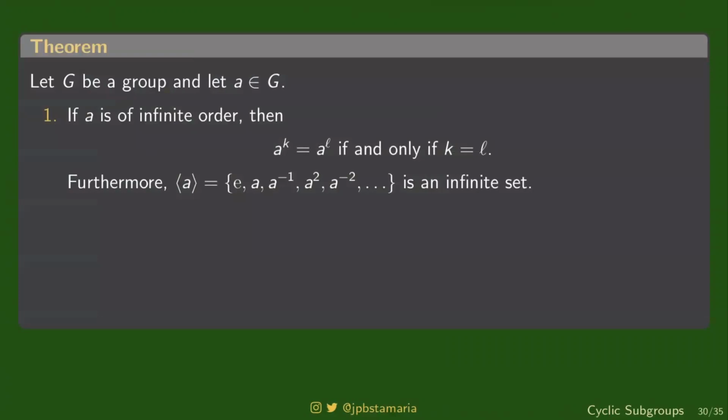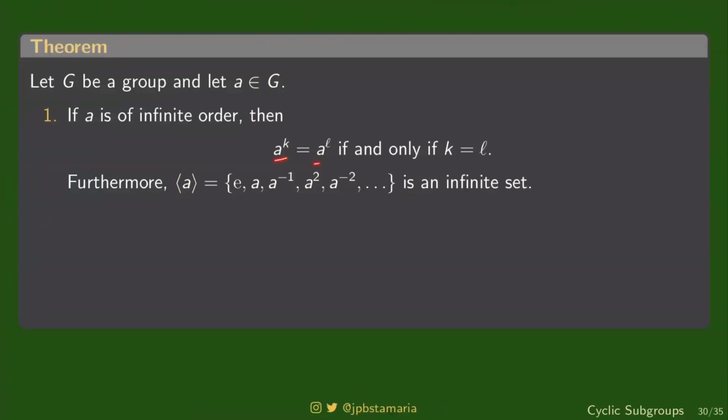In fact, we have a theorem to summarize what's happening. Okay. Ito na. If an element A of a group is of infinite order, ano nang ibig sabihin natin ng infinite order? Pag sinabi ni Sir na infinite order, yung mga positive powers ni A, hindi bumabalik sa identity. Kahit anong gawin mo. Yung A squared, A cubed, A to the 4th, A to the 5th, hindi siya babalik ng identity. Okay? Ano sabi?